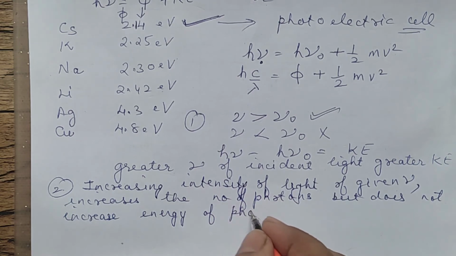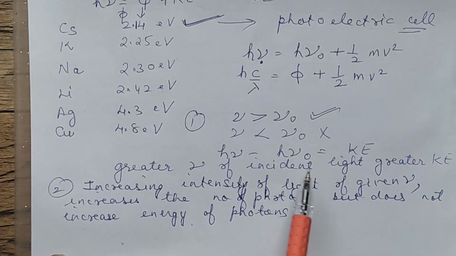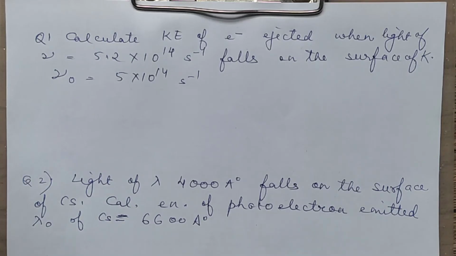That means by increasing the intensity, the number of electrons ejected per second, how many electrons are given out in a given time, will increase, but not the energy. So intensity does not affect the energy. If we have to increase the energy, we will have to increase the frequency of the light, not the intensity.